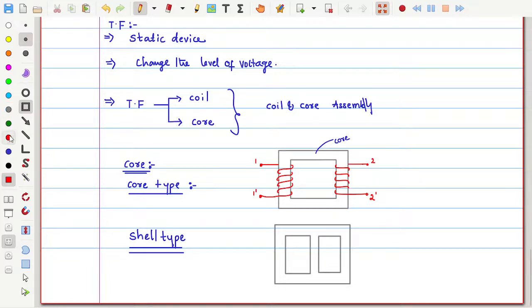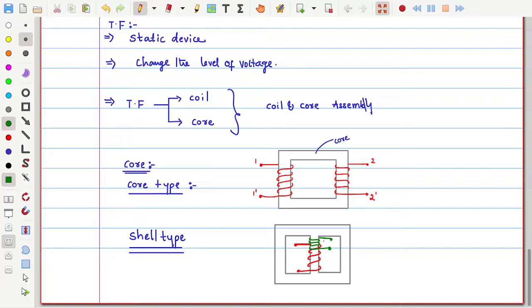Then I'll place a coil on the center segment of this core like this. This is a coil. We may put more than one coil also. For example, if I put a second coil somewhere here, we can put more turns also. There may be overlapping between two coils also.